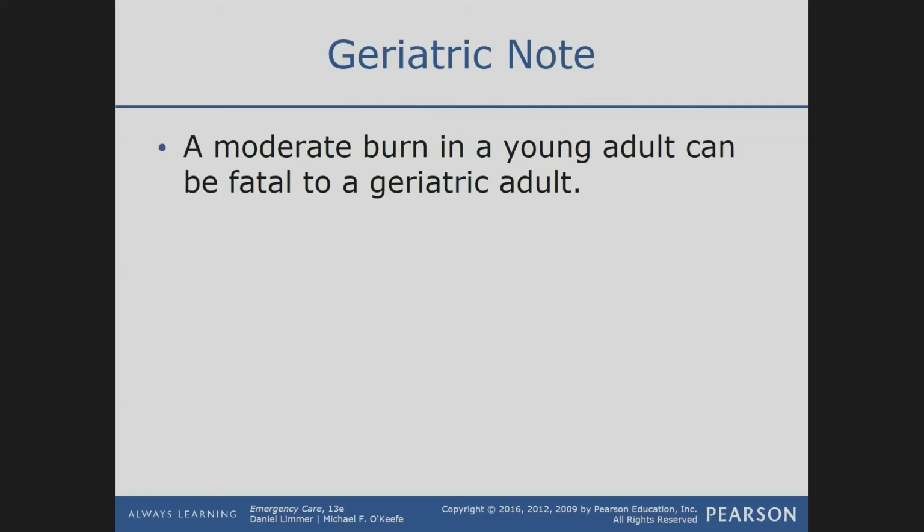So their sensation is diminished. When your geriatric patient is actually feeling the pain, you should really pay attention, because it means there could be a really dangerous issue going on with your patient. And this also includes burns, obviously.